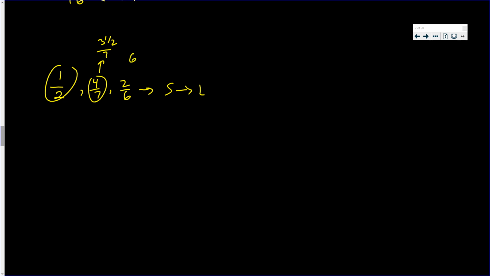When it comes to 6, you need 3 on the top. This has less. So at this point, it's kind of obvious. This fraction is less than a half, so it's the smallest one. This one is a half, and this one is more than a half.